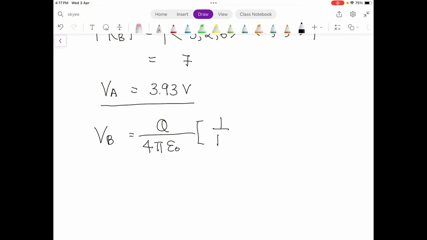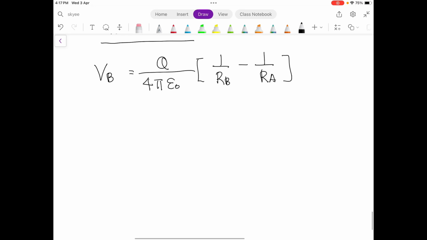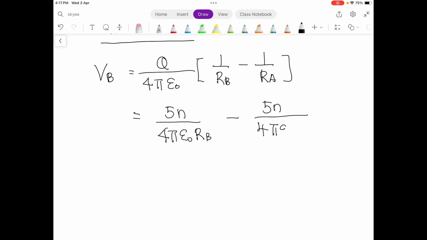We still start from this equation. We have 5 nano over 4 pi epsilon naught RB, and then minus 5 nano over 4 pi epsilon naught RA.